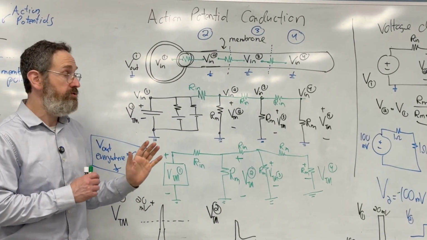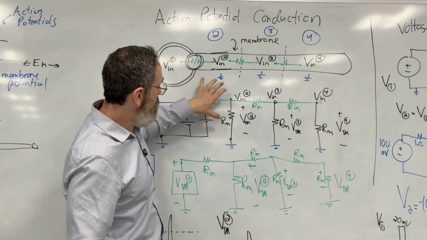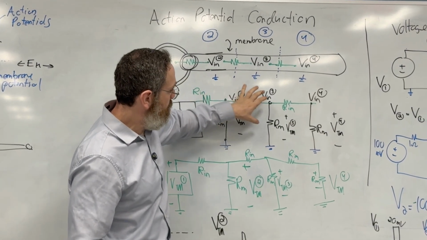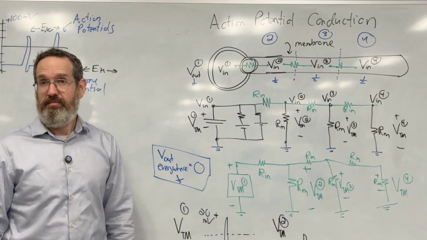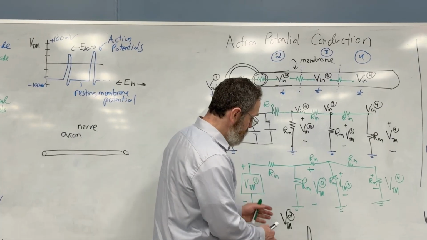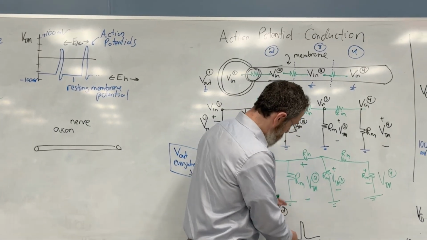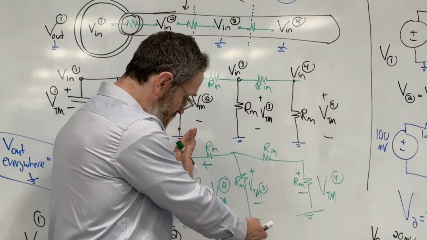So what I want you to understand at this point is that this is a source, and then we go through one voltage divider, then another voltage divider, and then another voltage divider, right? What is going to happen as we go? Let's say this is the input. This is VTM2, and VTM2 is now the input. So what is going to be VTM3?